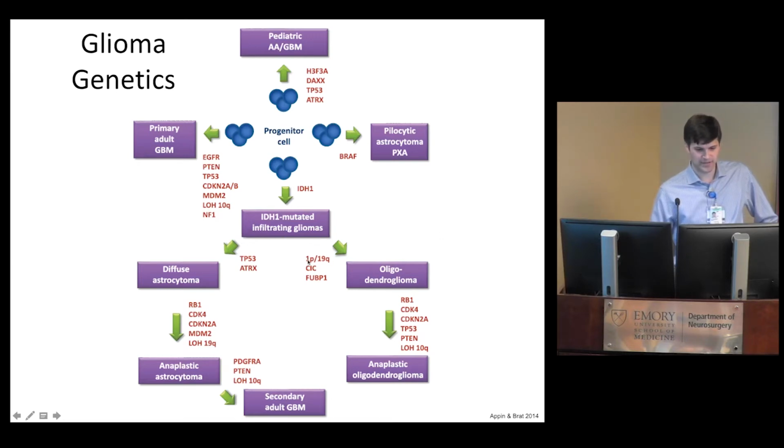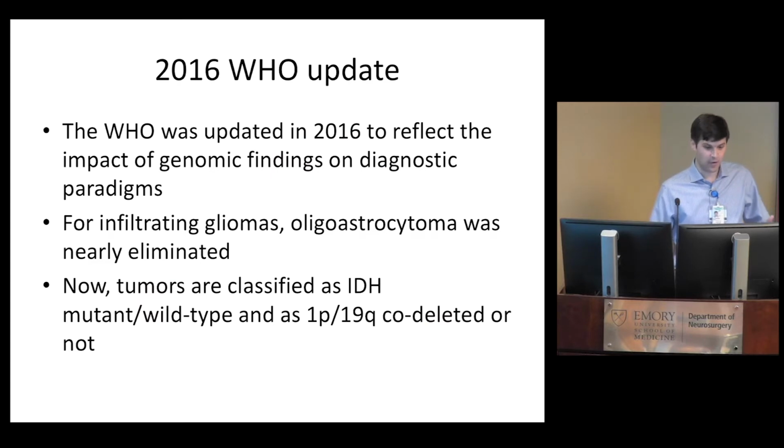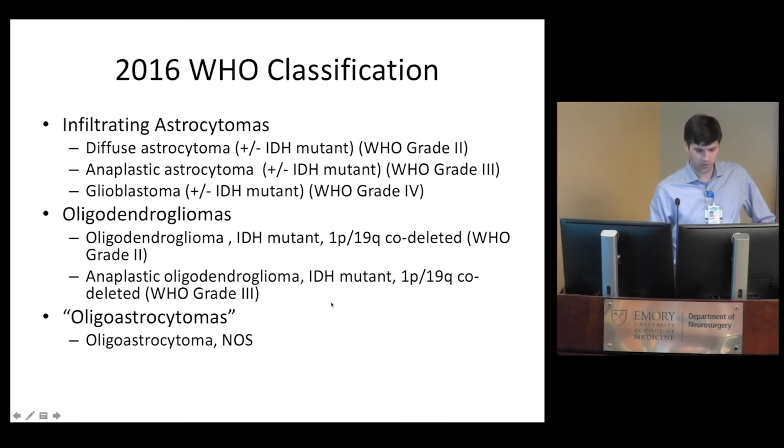And since the 1p19q codeletion is basically an either-or, it does or it doesn't finding, we don't really think oligoastrocytoma exists as a molecular entity. So we eliminated that fundamentally from the diagnostic paradigm. And we classify these things as IDH mutant or IDH wild type and as 1p19q codeleted or not.